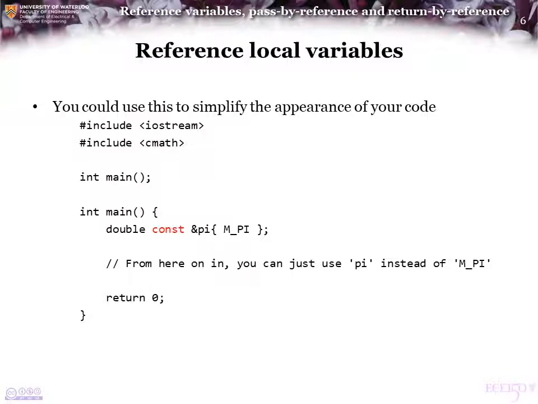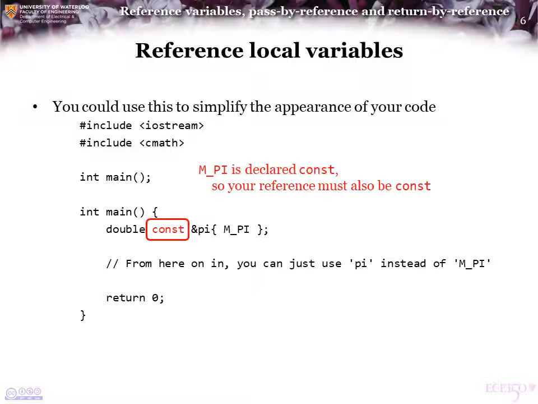The thing is, I'd just like to use a much shorter pi to represent the constant rather than capital M underscore capital P capital I. So it's going to make my code appear a little bit cleaner. It's important to remember that in the cmath library, M underscore PI is actually declared to be constant, meaning you cannot assign to it.